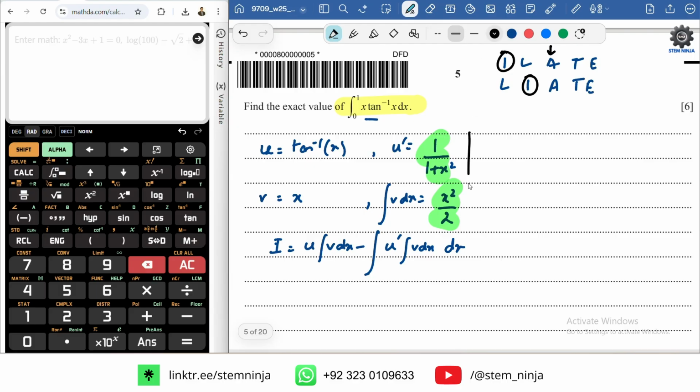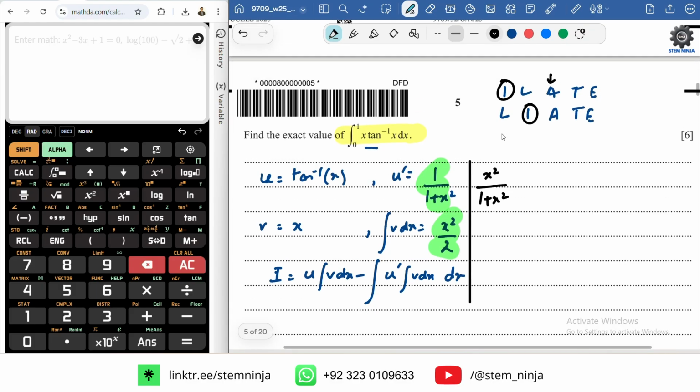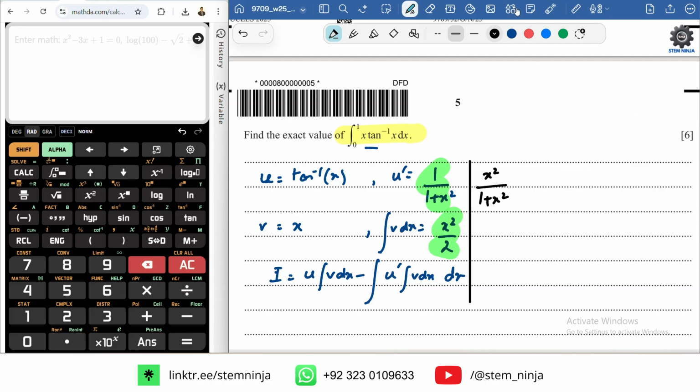So we might need to deal with them before we go on. When you have x squared over 1 plus x squared, we can't integrate it as it is. We need to do some partial fractions over here. Not partial fractions, just a simple long division.